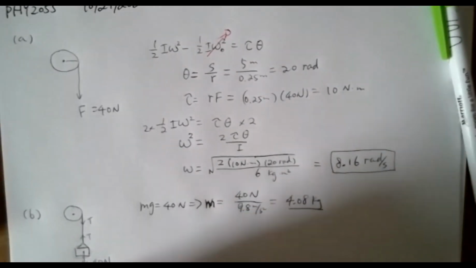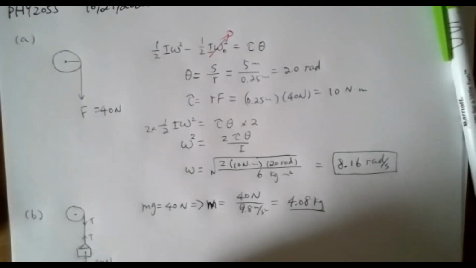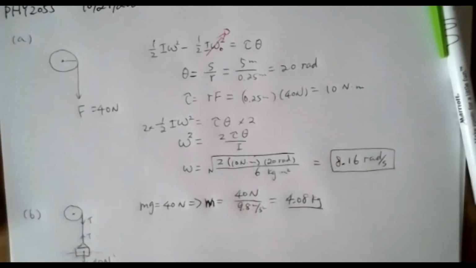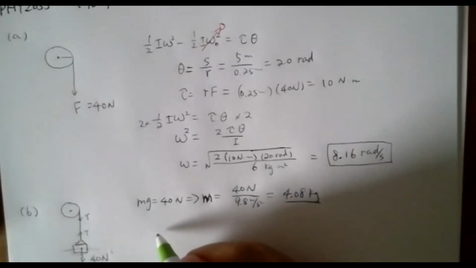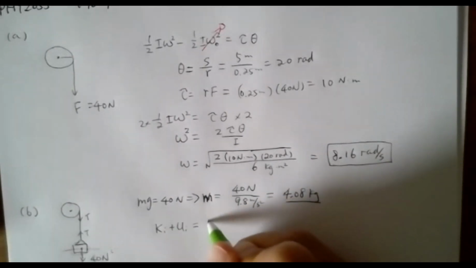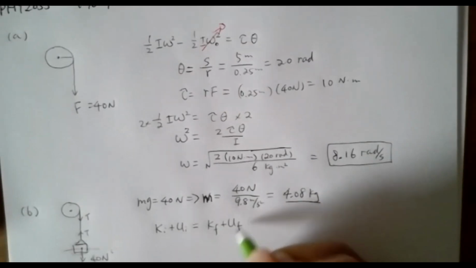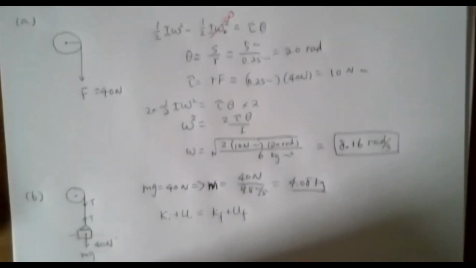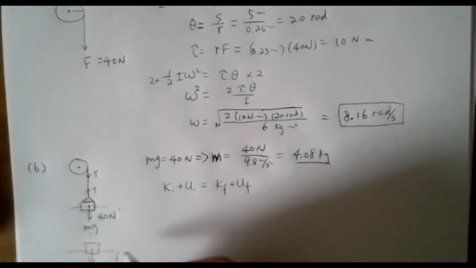Because we are going to apply conservation of mechanical energy, Ki plus Ui equals Kf plus Uf. The final is at a lower level, so we can take it as ground level.